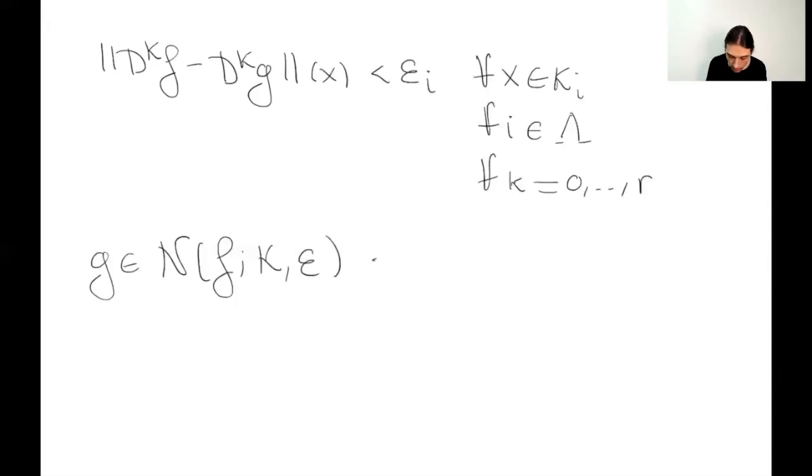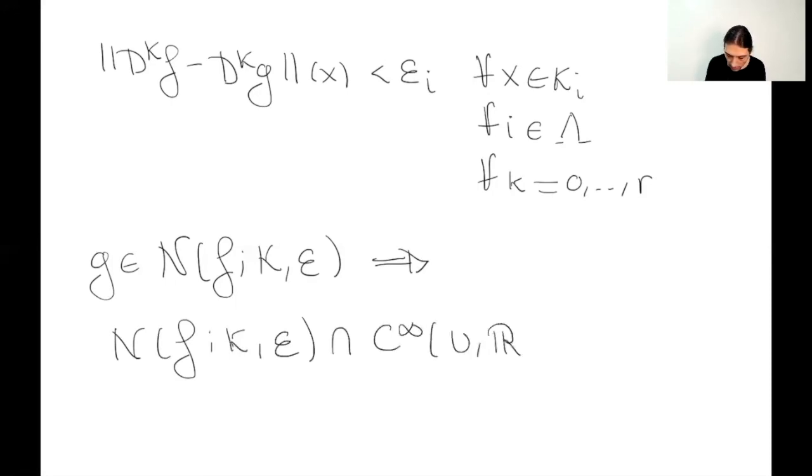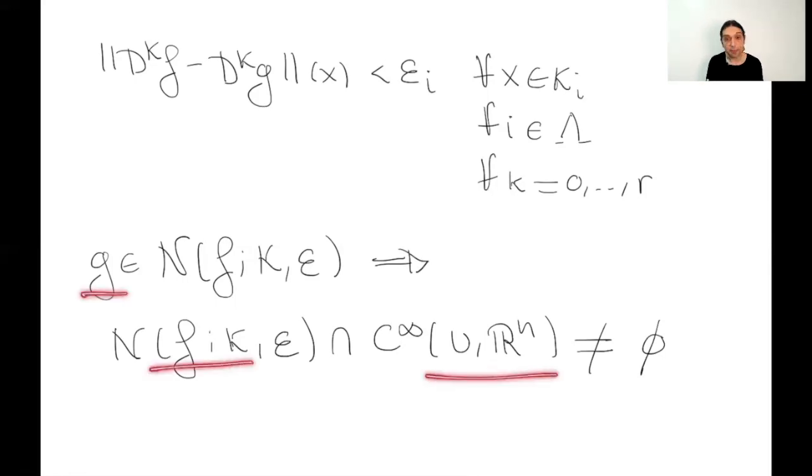And so, since g is C infinity, we get that this subbasic neighborhood has non-empty intersection with the C infinity functions, because indeed g belongs to both of them.